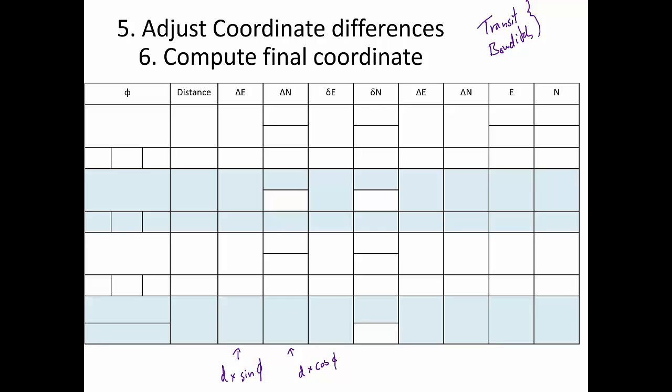Once you've computed those, you can work out your linear misclosure, because you also have your coordinates at A and at E, the first and last points, so you're looking at the difference. You can then distribute the misclosure using either the transit or the Bowditch method, compute the final coordinate differences and the final coordinates. And that's it. Have a go.